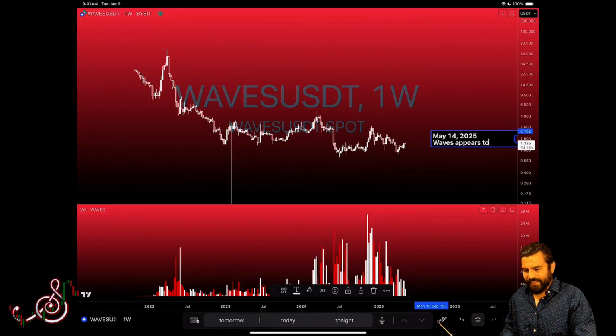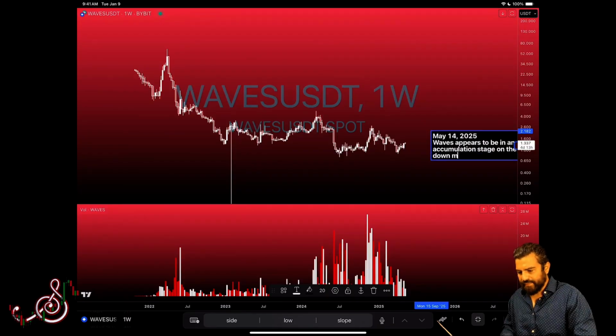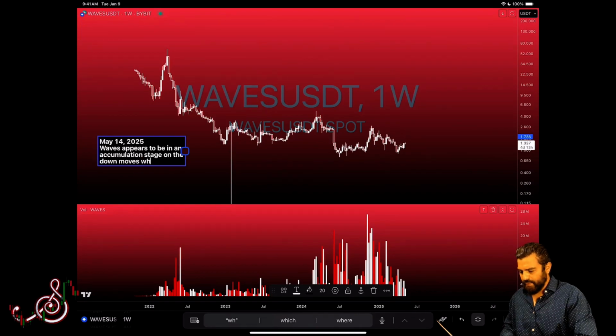There's a better English word for that. Appears to be in an accumulation stage on the down moves when viewing the macro volume analysis.